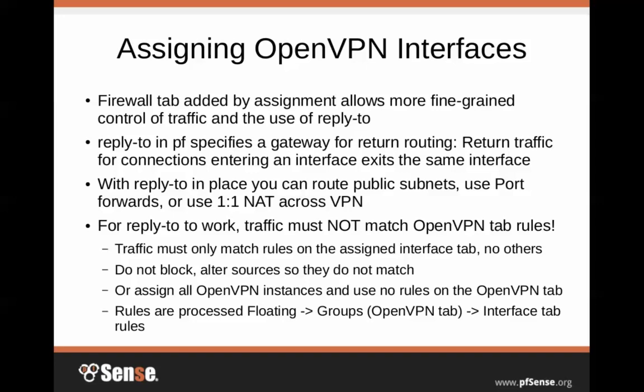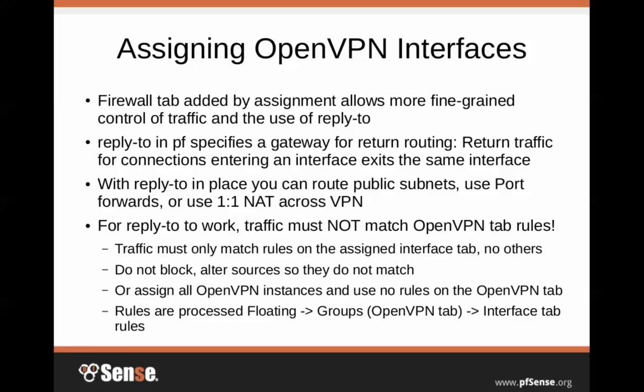That's really necessary for any multi-WAN type setup. Otherwise, the traffic will come in and go out the default gateway. But with reply-to, a packet comes in your VPN, it goes back out your VPN. A packet comes in your WAN, goes back out your WAN. And a packet comes in WAN 2, it'll go back out WAN 2, as long as your reply-to rules are getting hit. With reply-to in place, you can also route public subnets across the VPN or port forwards or one-to-one NAT.